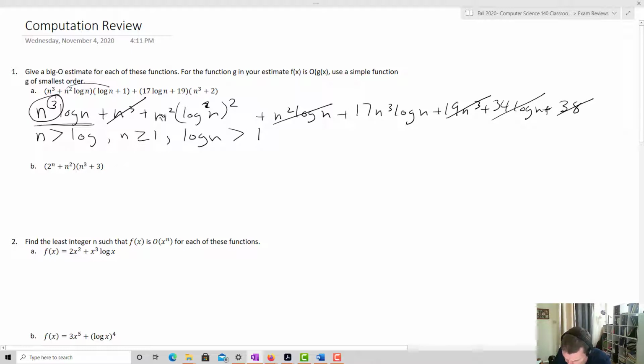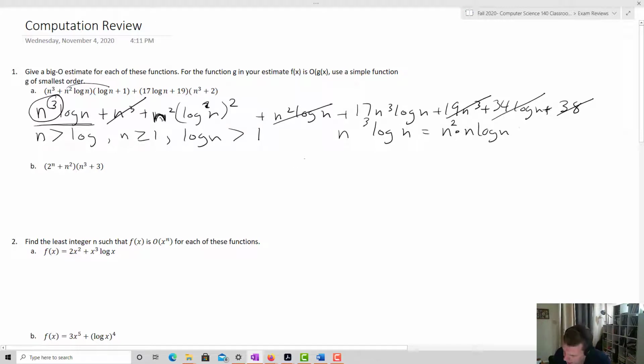So now all I've got to do is determine whether or not n squared log n squared is in fact bigger or smaller than n cubed log n. Well, n cubed log n is equal to n squared times n log n.